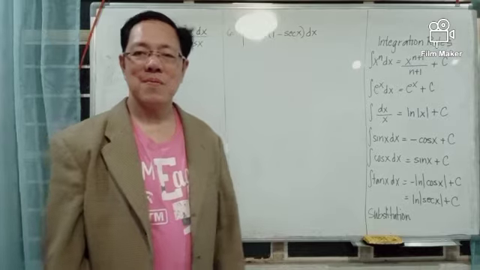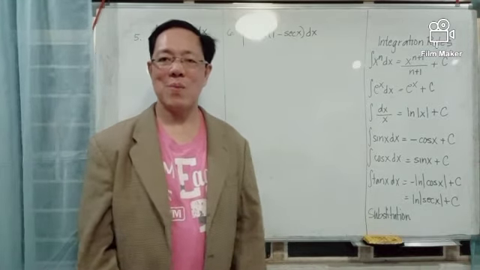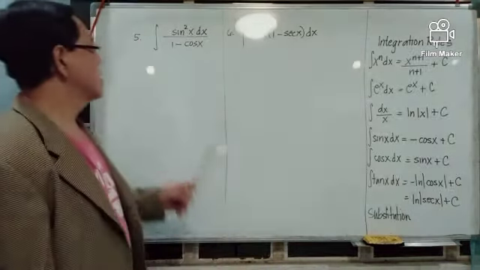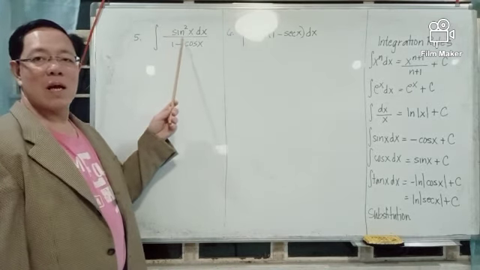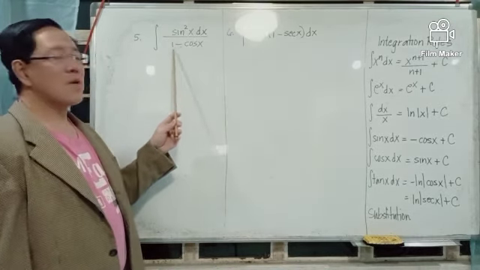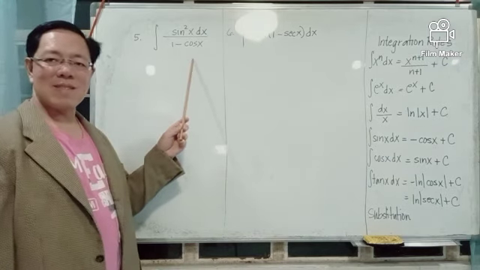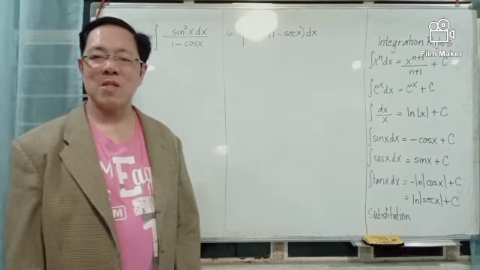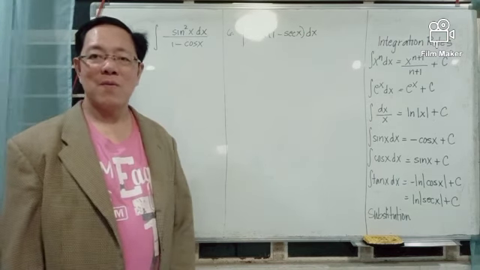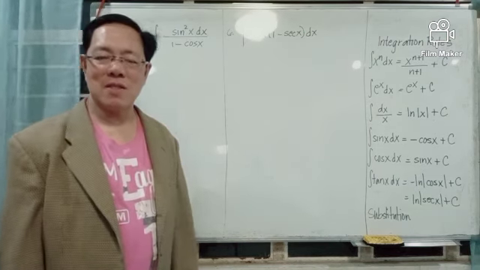For our next example, consider the following problem. We have: evaluate the integral of sine squared x dx over 1 minus cosine x. In this example, we will make use of the integration rule for one of the trigonometric functions.